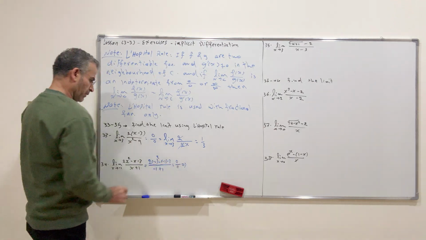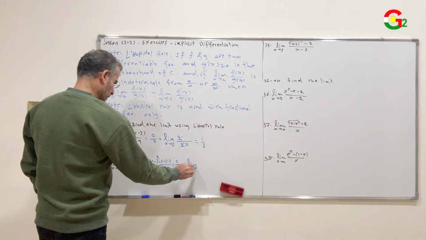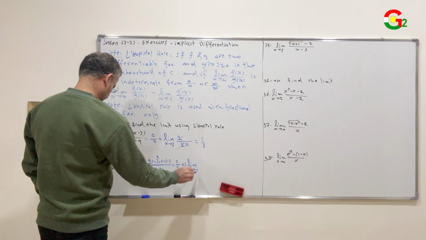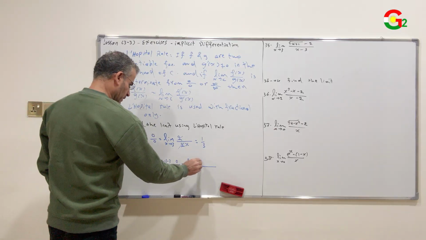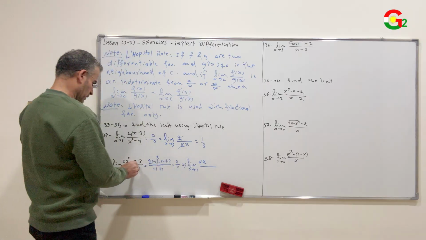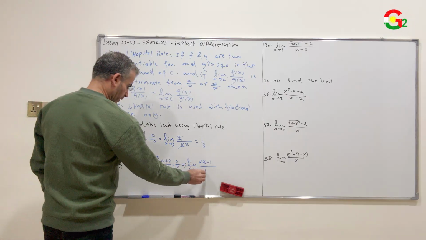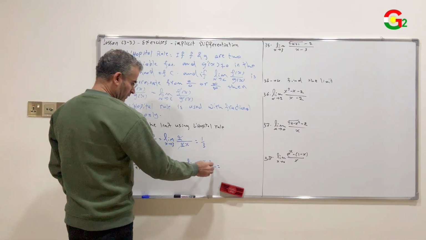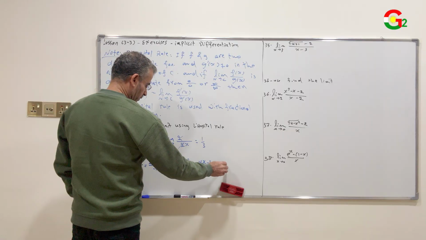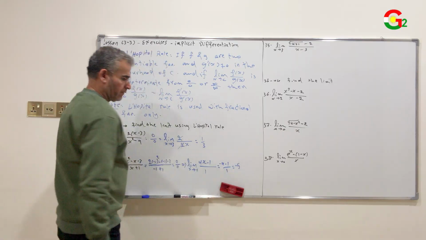Then we use L'Hopital rule. Limit x approaches negative 1: 2x power 2, its derivative 4x, negative x minus 1, negative 3, 0, over 1, equals 4 times negative 1, negative 4 minus 1 over 1 equals negative 5.